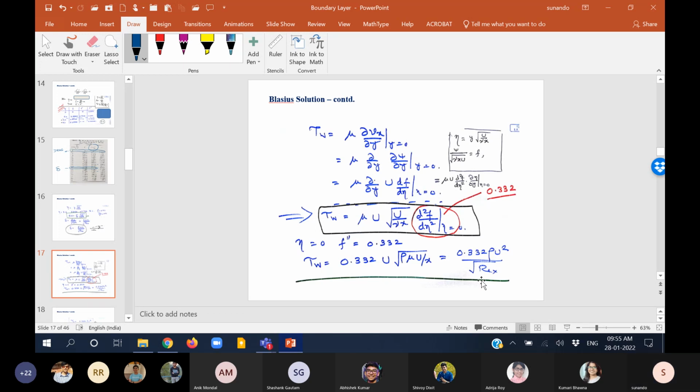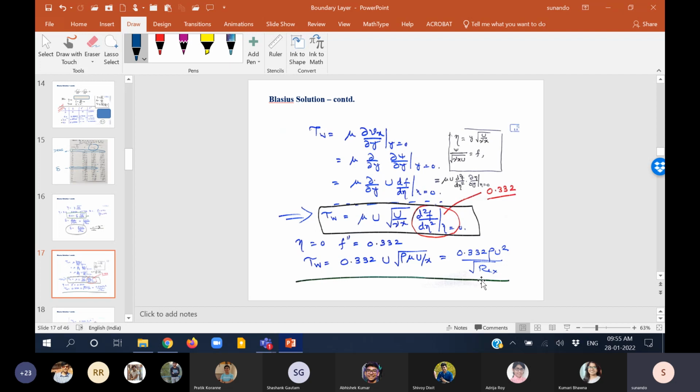Okay. If not, it is good to know the value of the wall shear stress. But in engineering, we do not use tau w to express the role of the drag force or the frictional drag.